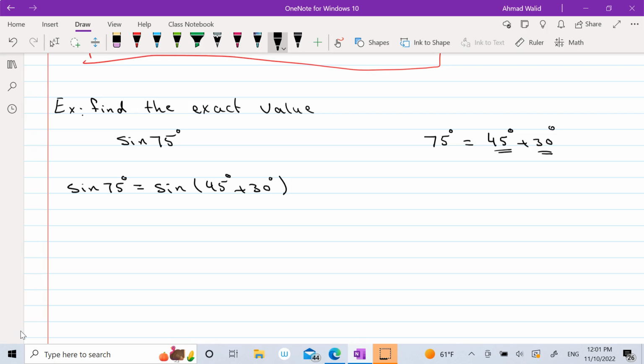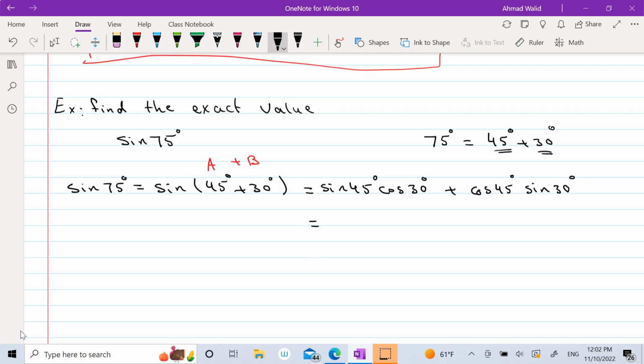which is sine of a plus b, right? I'm copying now sine of a plus b, and sine of a plus b equals sine of a, which is sine of 45 degrees, cosine of b, cosine of 30 degrees, plus cosine of a, which is cosine of 45 degrees, sine of b, sine of 30 degrees.